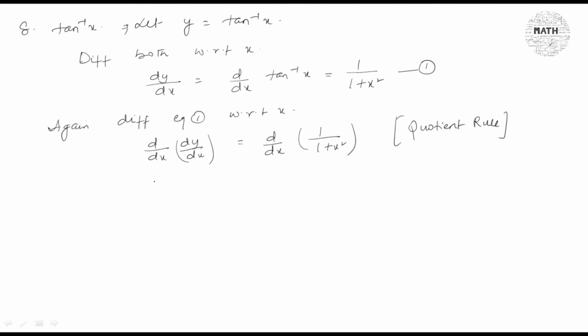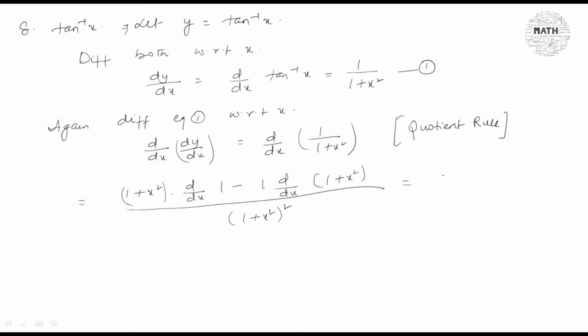If I use the quotient rule, I'll get here 1 plus x squared, and then d by dx of 1 minus 1 d by dx of 1 plus x squared, and then divided by 1 plus x squared, the whole thing square. Which would be nothing more than 0 minus 2x divided by 1 plus x squared, the whole thing square.